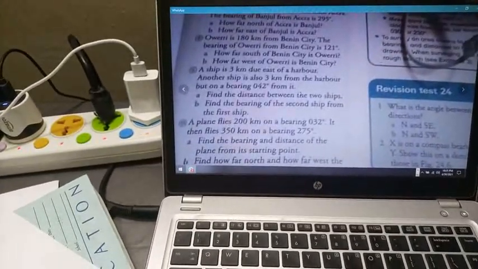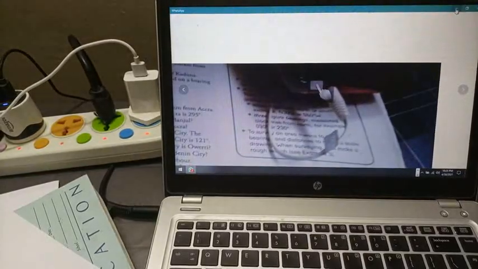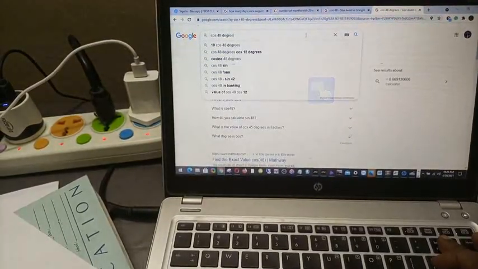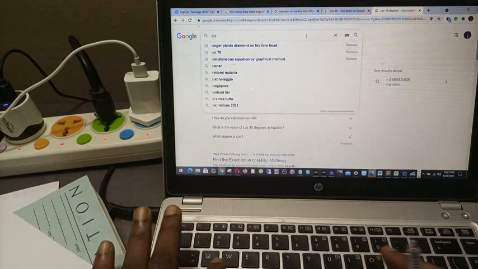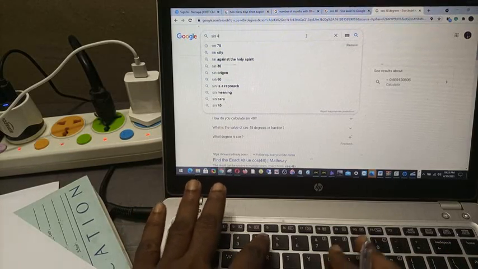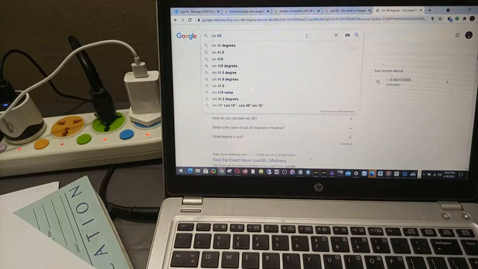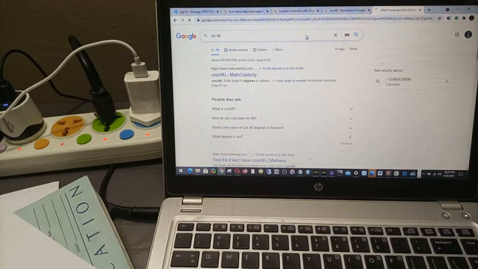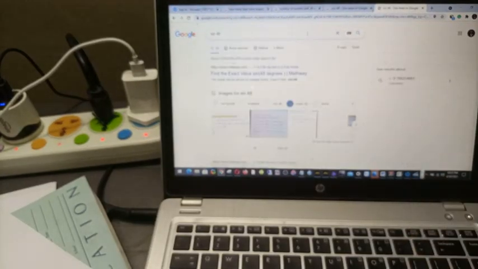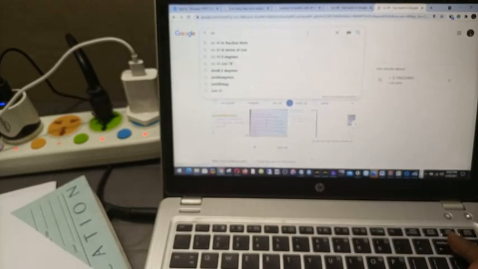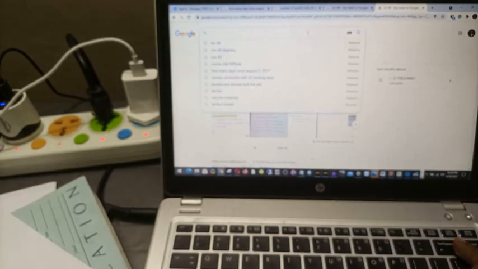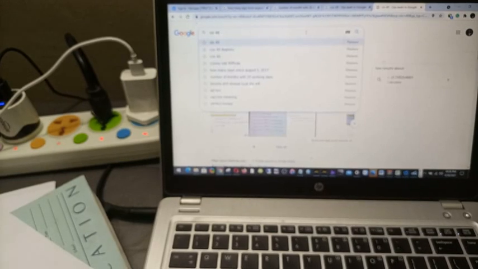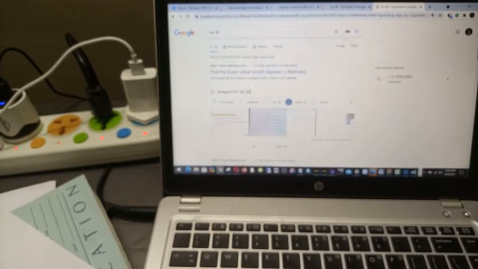So I should do sine 48 degrees, and there you go, that's it there. Where is my scientific calculator, please?